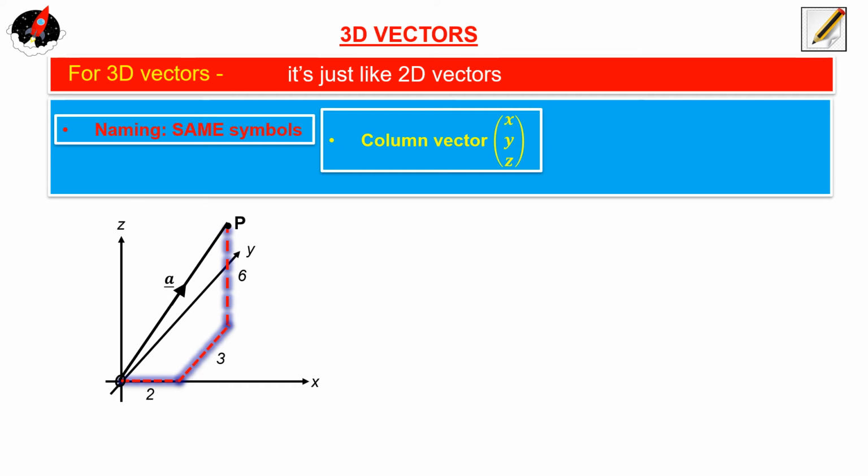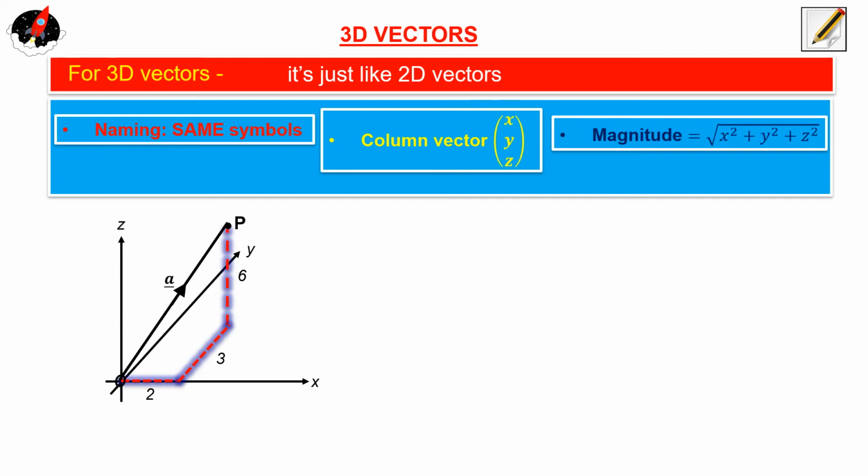And then the magnitude, to get the size or length of the vector, we just extend our Pythagoras to 3 dimensions. So instead of it being the square root of x squared plus y squared, it's the square root of x squared plus y squared plus z squared. So it's just that extra little bit in the column vector and in the magnitude formula.